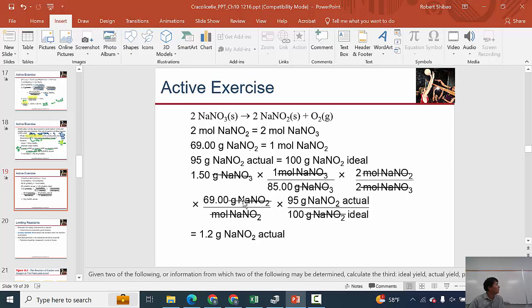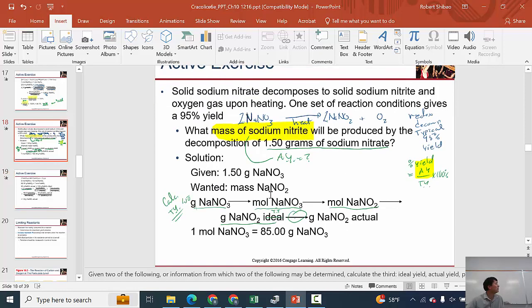So if we start off with 1.5 grams of sodium nitrate, let's calculate the theoretical yield up to here, and then we can do one extra step to get the actual yield.